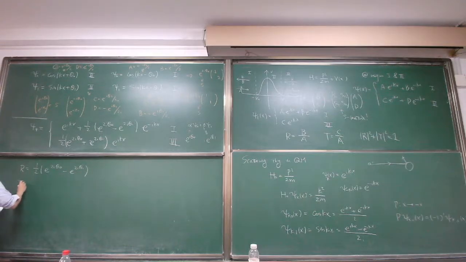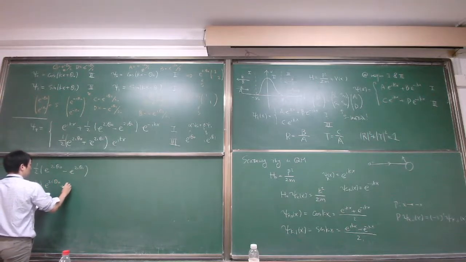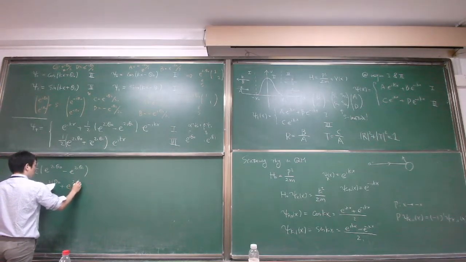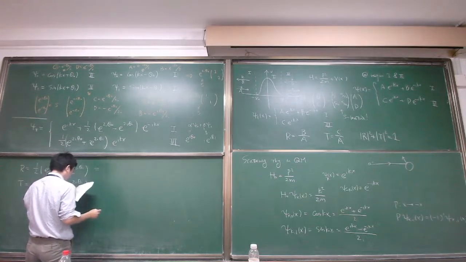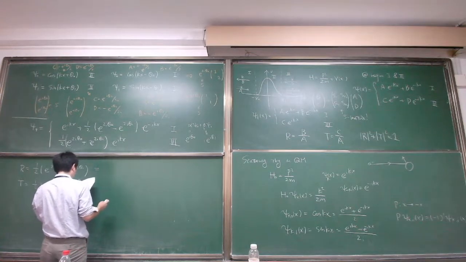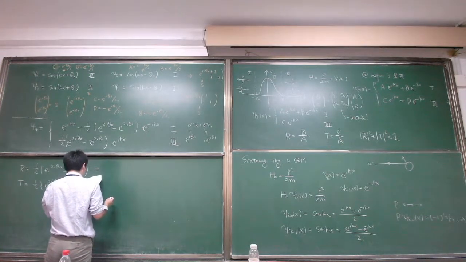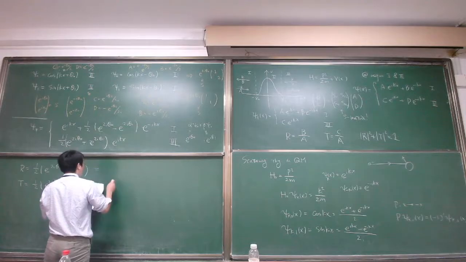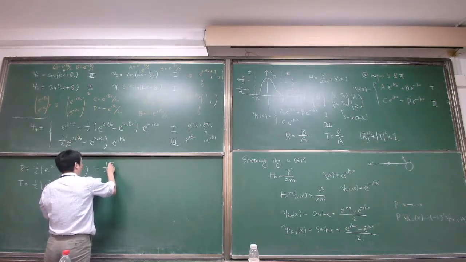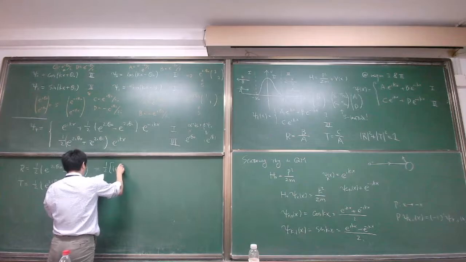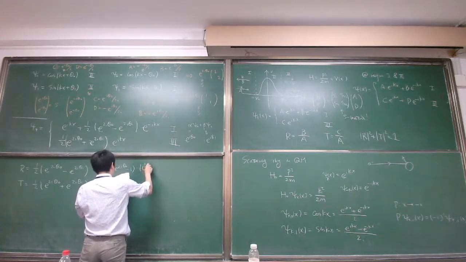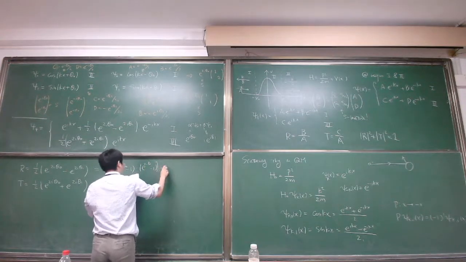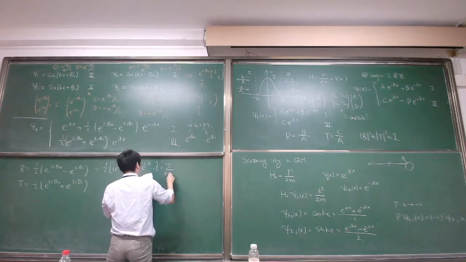And T, transmission. This is the traditional way to write it down. Minus, and sum over l equal to 0, 1.